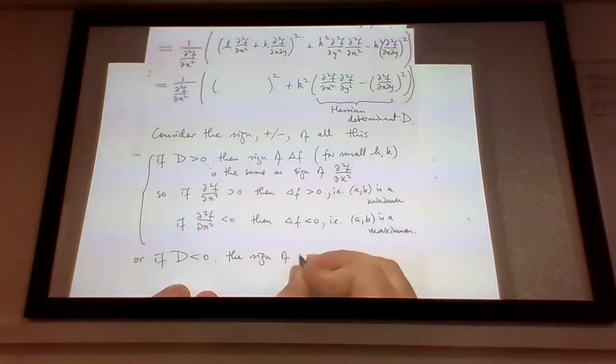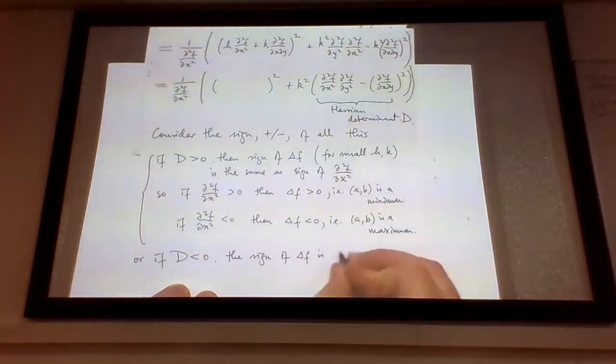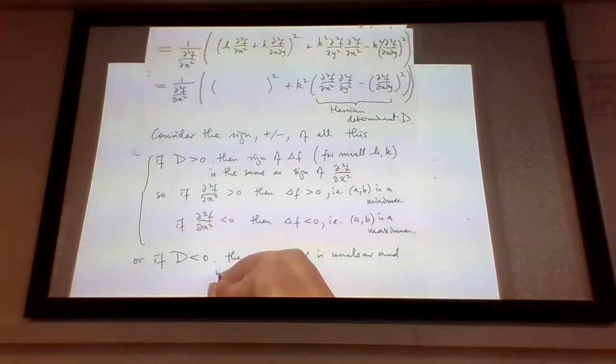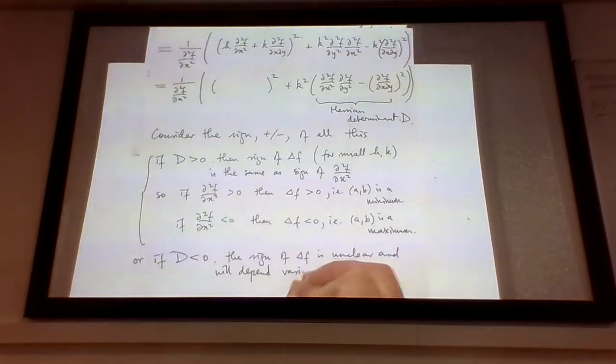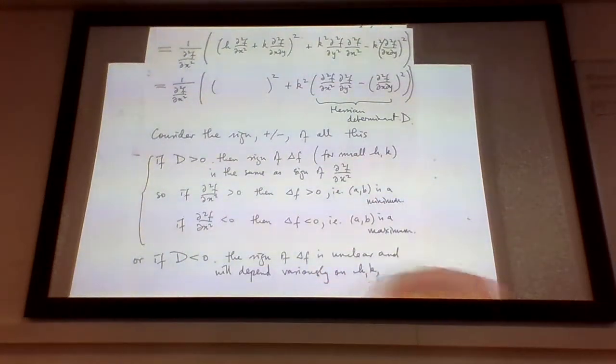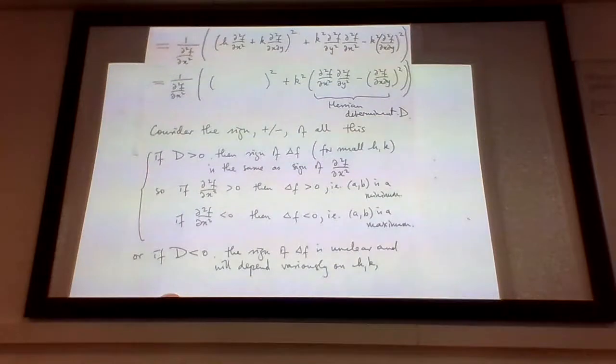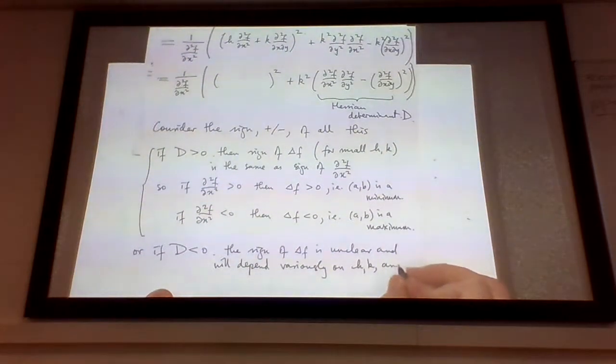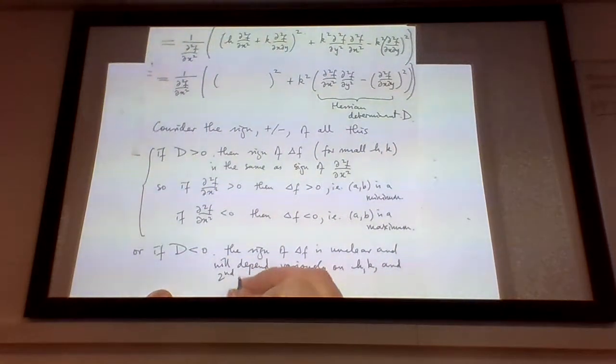Okay. So if D is less than 0, the sign of delta F is unclear and will depend variously on h, k, the signs of these quantities, and the magnitudes of these quantities, and the second order partial derivatives.